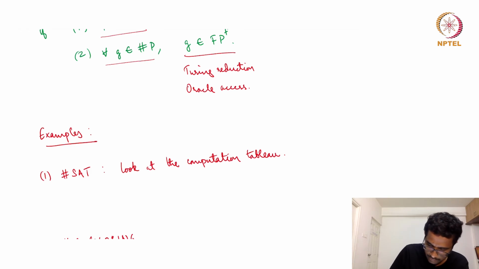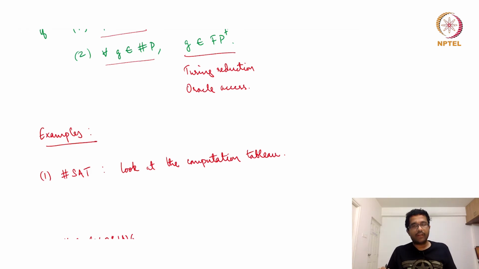I have to explain a bit more. You have to show that all the NP machines reduce to satisfiability, right? So we can use something very similar to the Cook-Levin theorem.